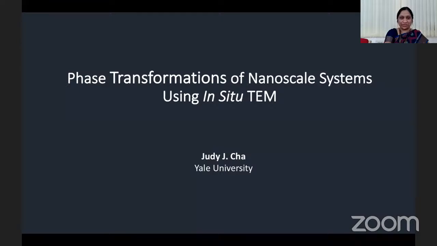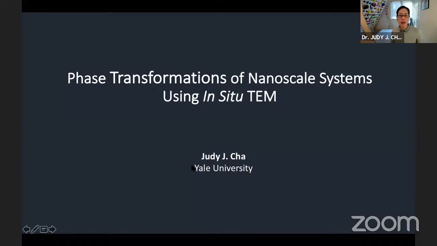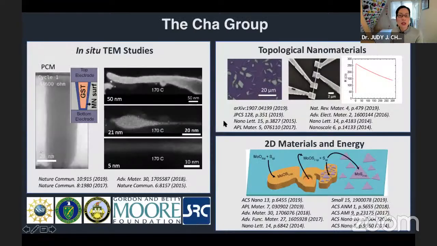Thank you again to the organizers for inviting me to share some of the research from my group. As said in the introduction, I'd like to tell you a little bit about how we can study phase transformations of nanoscale systems using in situ TEM. In my group, we have 3 research thrusts.